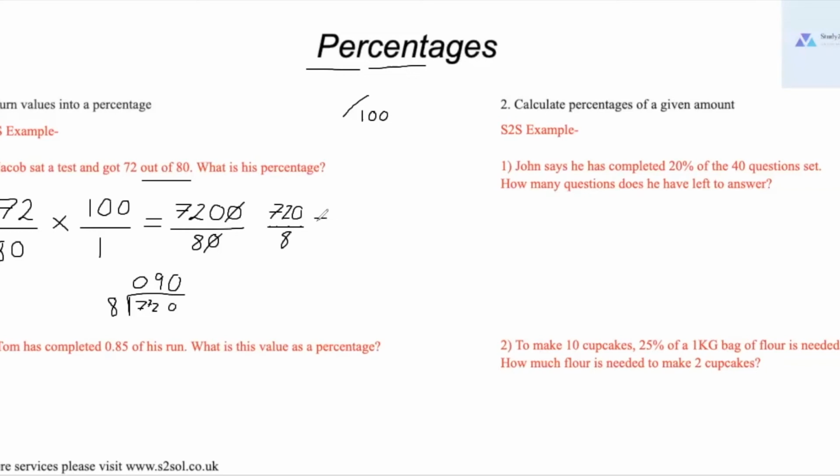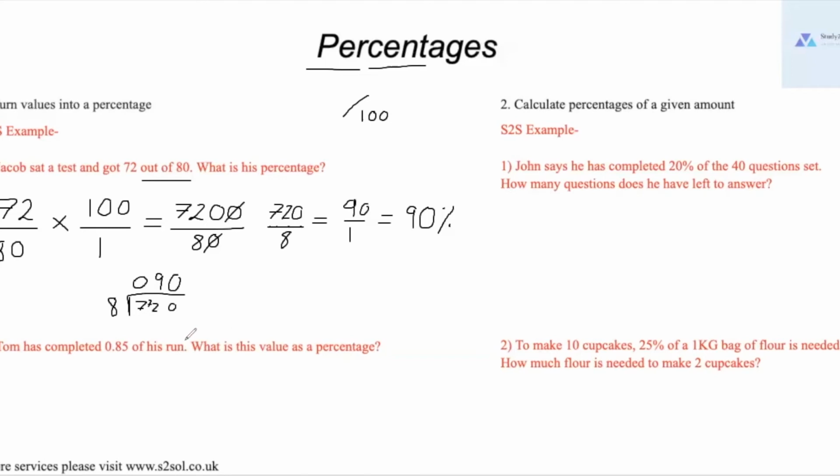And so therefore, if we put it in fractional form, we would have 90 over 1. Remember what I said earlier, anything over 1 is just the number. So 90 over 1 is 90. Therefore, Jacob got 90% on his test. So hopefully that makes sense.